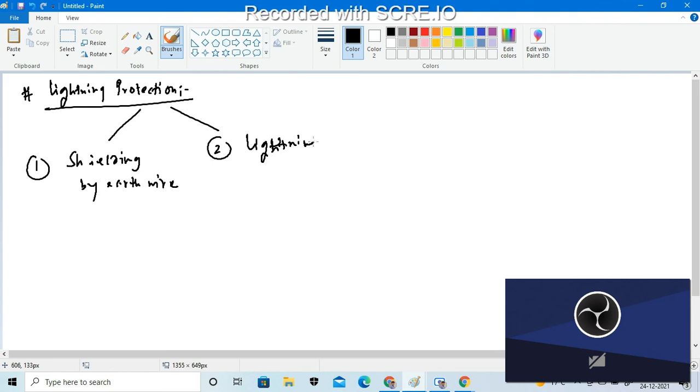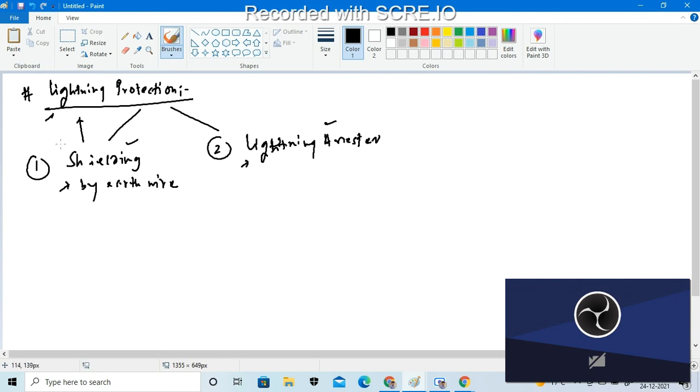Using these two devices, we will protect any such device if lightning strikes near the transmission line. So we are implementing these two devices for protecting from lightning.